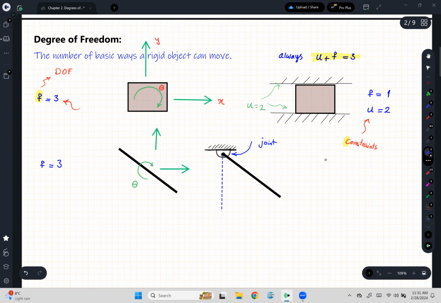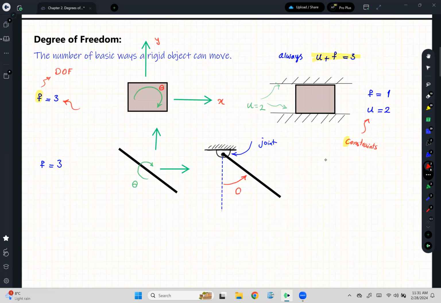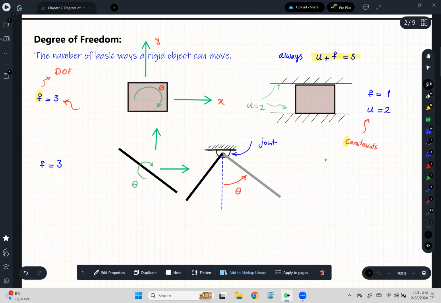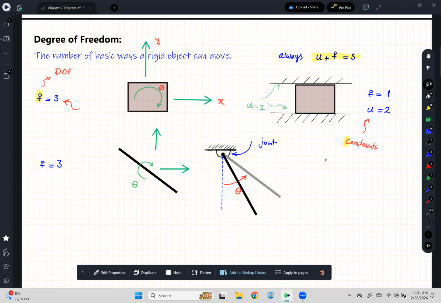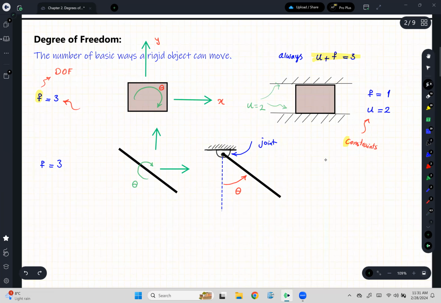Perhaps if this is the vertical line, we notice that it can only swing, left and right, of course, it's obvious. These things can swing left, right, left, right. So what we say here is that X freedom, Y freedom gone, only left with 1 degree of freedom, theta, right?